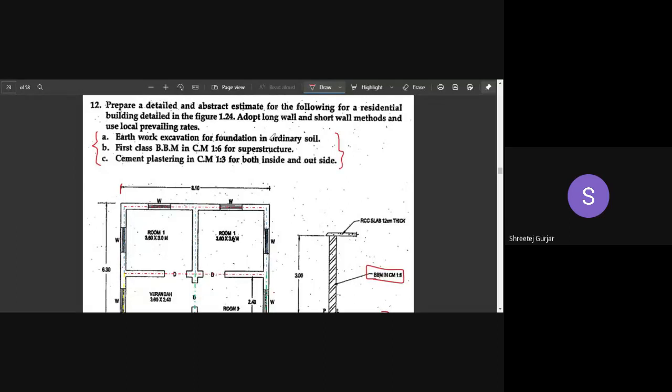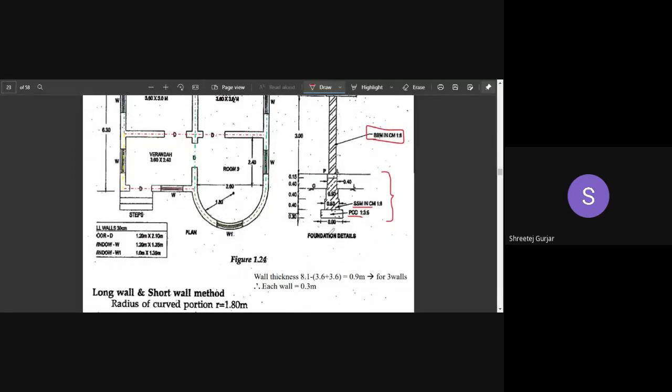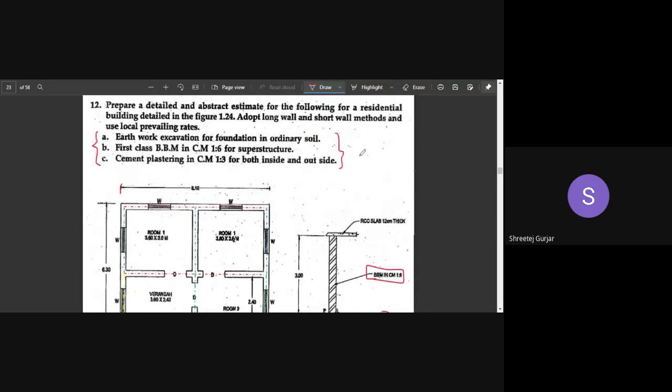Even if they ask, it is easy, and similarly, how we have solved using your previous numerical, you can solve this even if they ask for foundation work in size stone masonry. So no need to worry. In this, you have only 3 quantities to calculate: earthwork, then brickwork in superstructure, and cement plastering for your walls inside and outside.